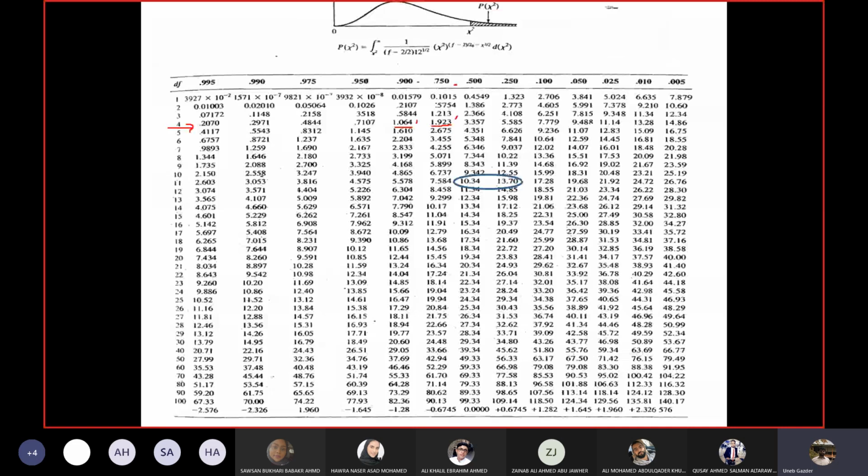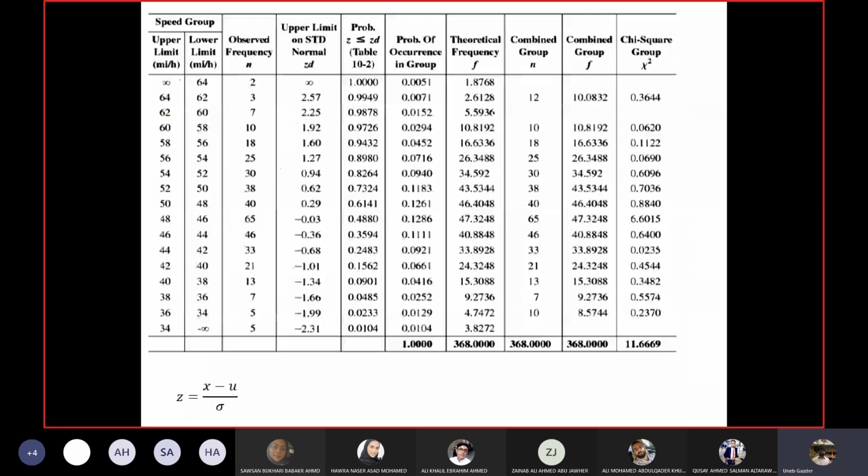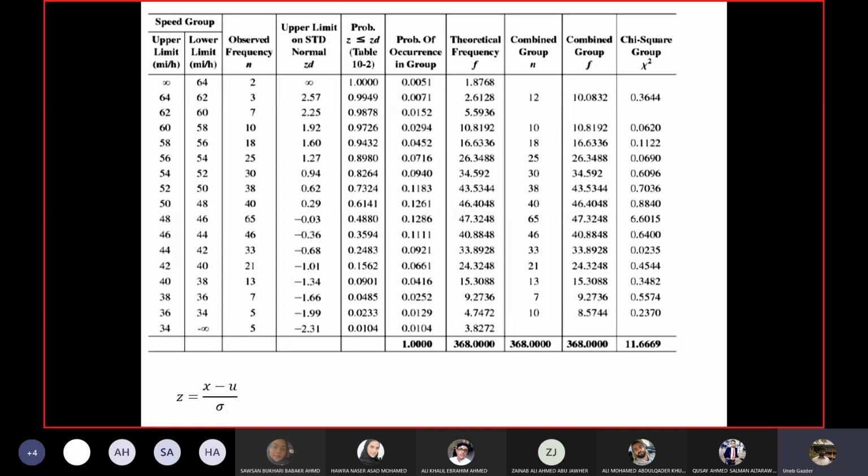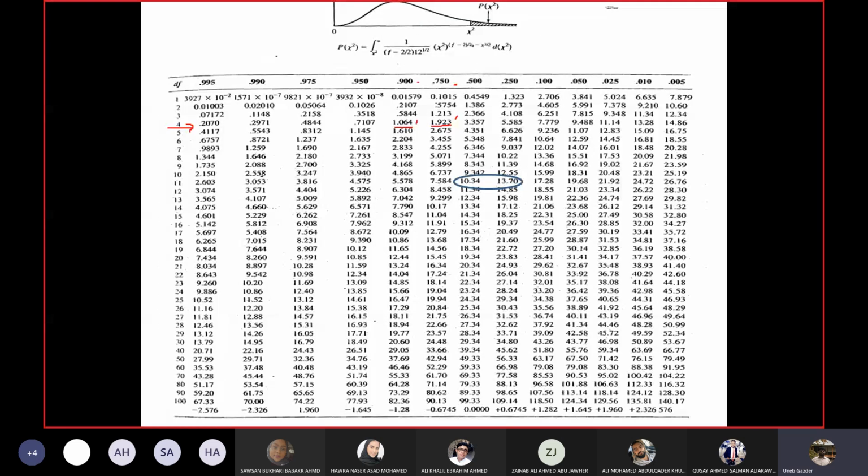Okay, one more thing, last point. I told you earlier that you should select the range of speed groups so that you have at least 6 or 7 speed groups, and this is the reason. If you want to perform a chi-square test on your data and you made only 3 groups, you calculate degrees of freedom: 3 minus 3 will give you 0, so you will not have any degrees of freedom.